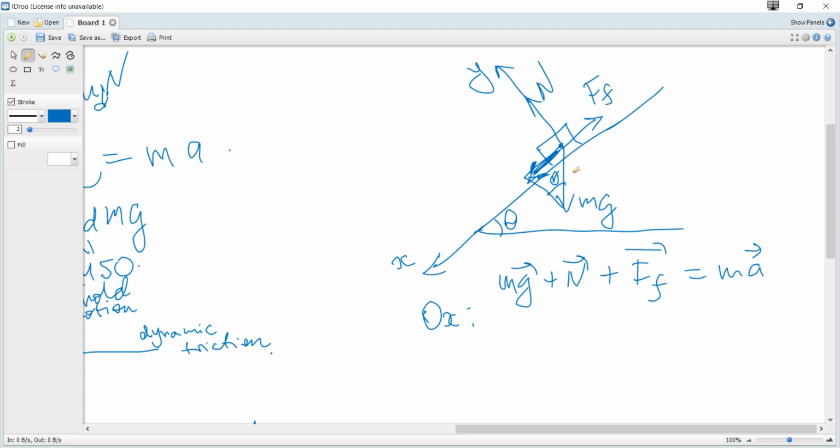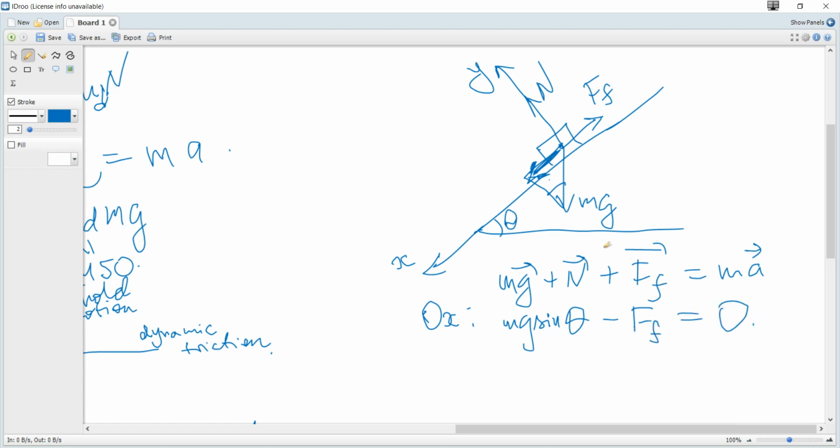You can see the magnitude of this vector is mg, and it's the opposite side, so it's sine: mg sine theta. And the component of n is 0 because it's perpendicular, and minus frictional force, and it is equal to 0.